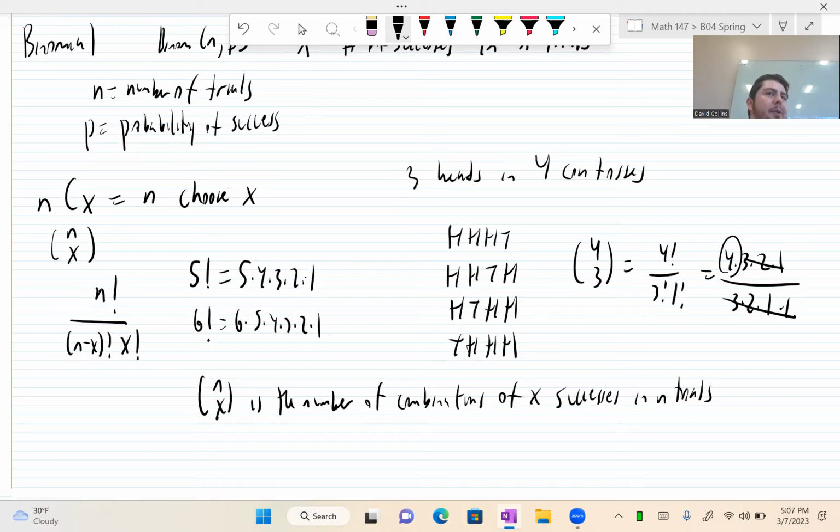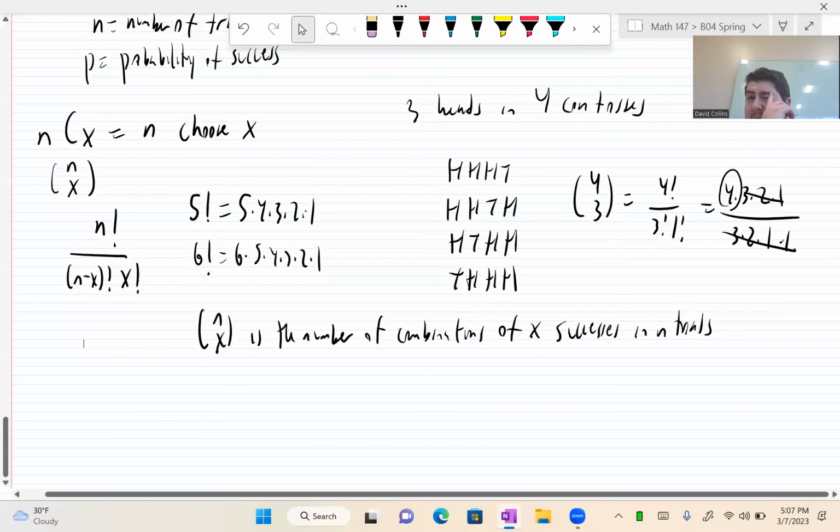On your calculator, if you have your calculator with you, you can do this. If you have like the TI-30, it's like PRB. So that means there's 4 possible ways we could arrange 3 heads in 4 coin tosses.